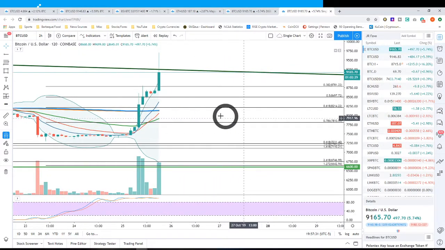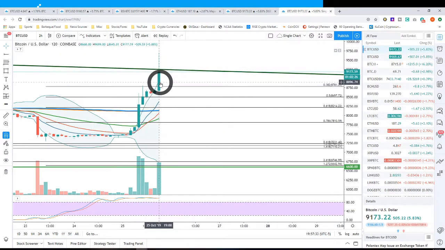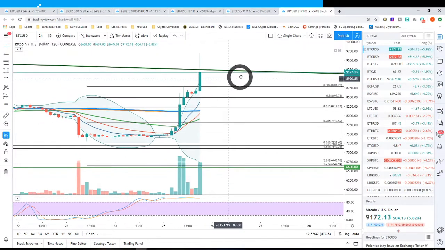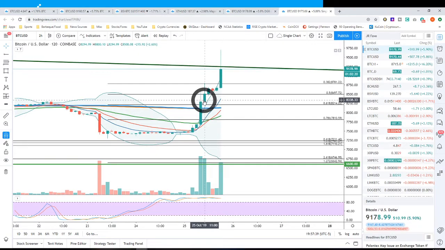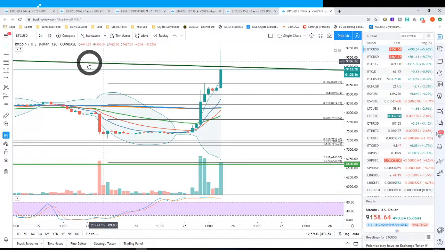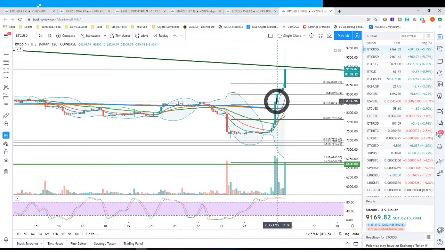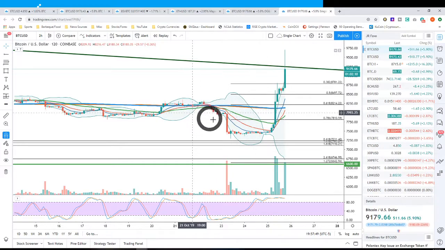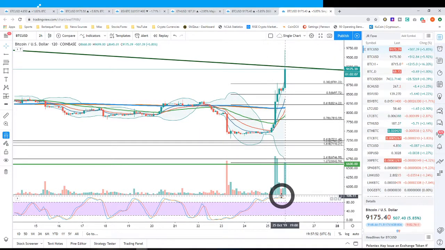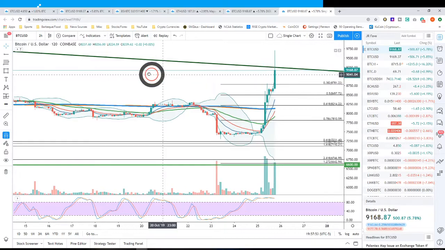Two-hour chart, outside Bollinger Bands. Hate to keep harping on it, guys. Outside Bollinger Bands, let it come back inside just a little bit. Okay? Stochastic RSI, it can stay overbought. That's not a big deal.